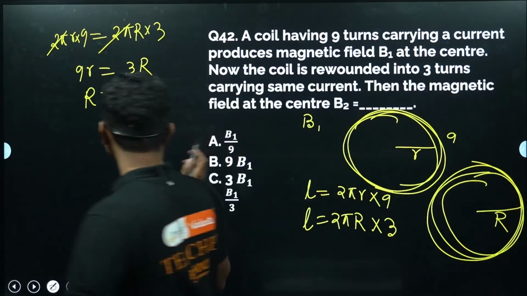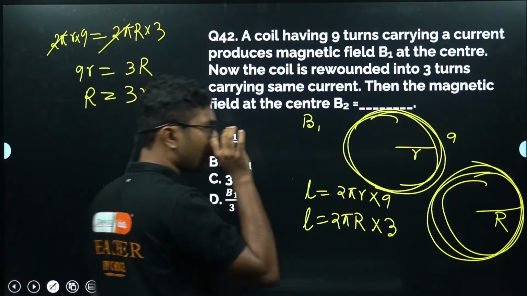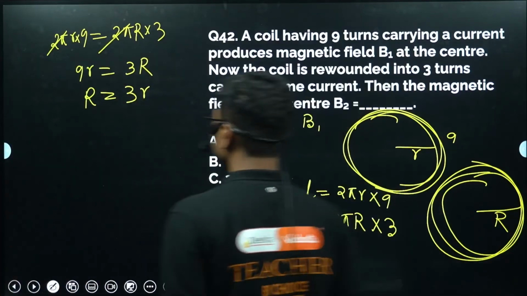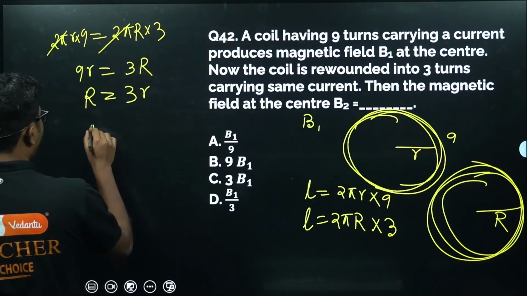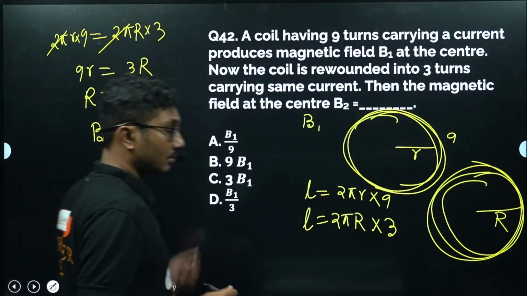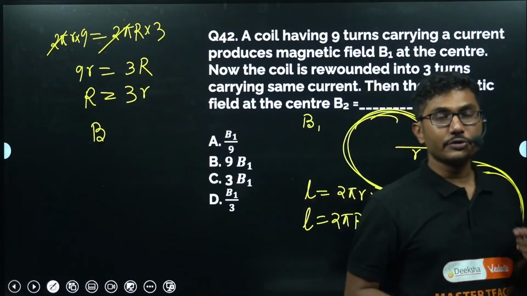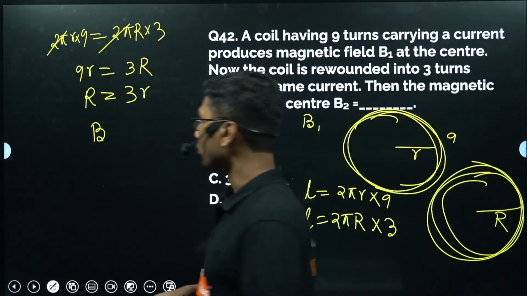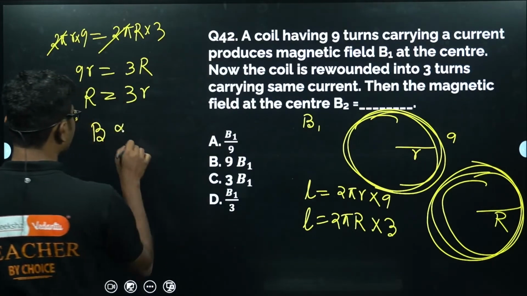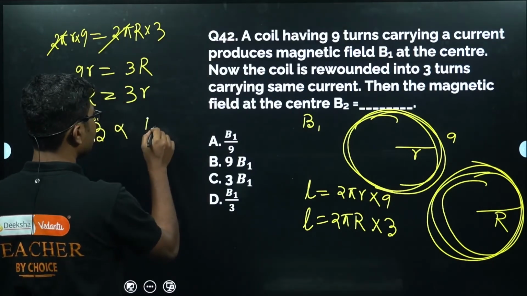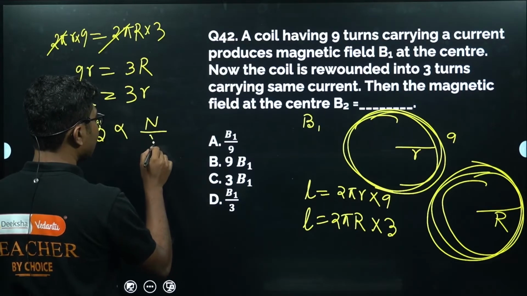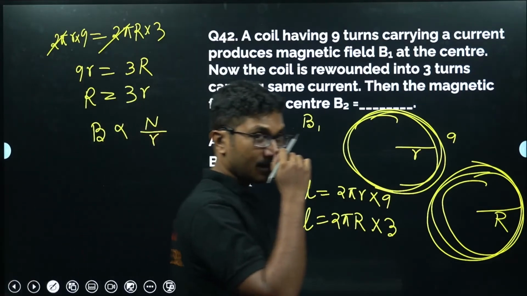Now, one thing you need to know, you don't need to do a lot of things. The only thing you need to know is that the magnetic field produced by current at the center is proportional to the number of turns divided by the radius.